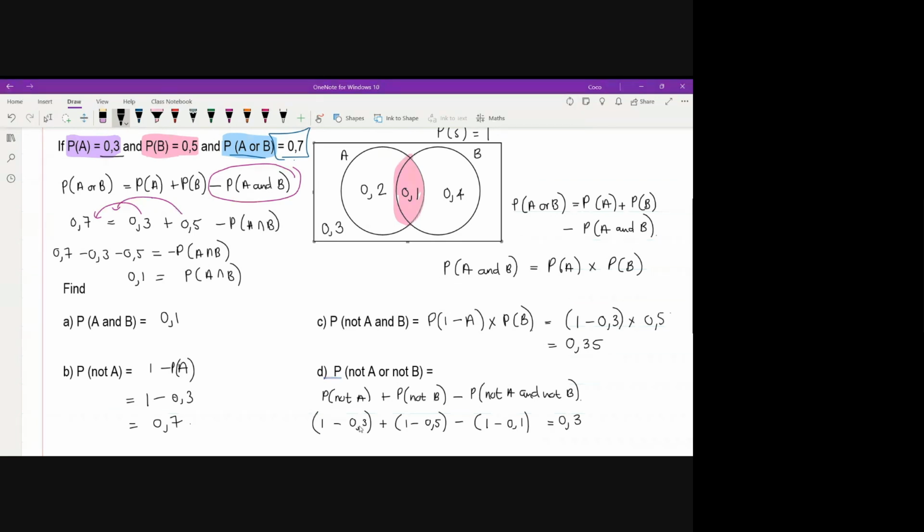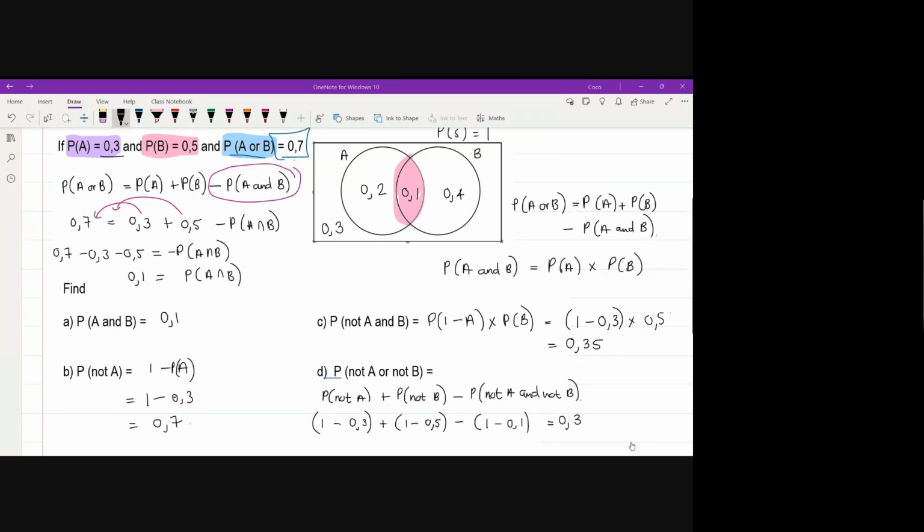Ma'am, I just got 0.3, but I didn't use the formula, I just wrote it as straightforward 0.3. Will I lose marks for that? How did you get there? Because the method is the mark. Honestly, ma'am, I used the Venn diagram so I could see that the rest of them were in the circles, and the excluded one was only 0.3.